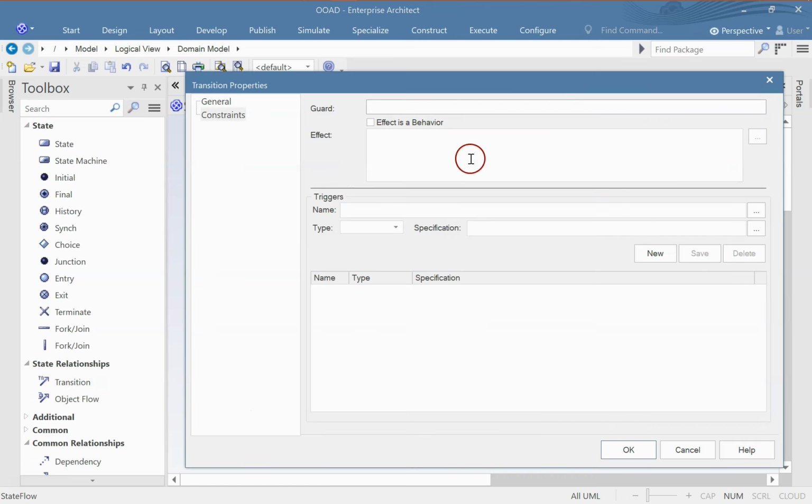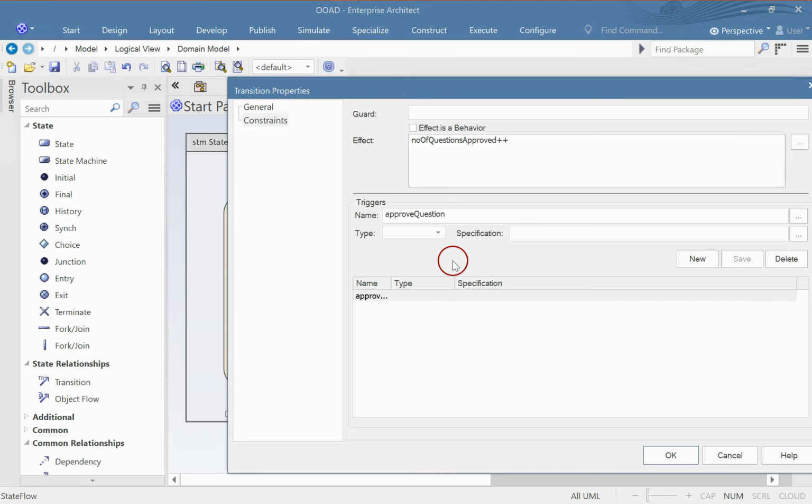If you think about it, somebody will be approving questions at some point in time. Approve question. So when he approves a question, what happens? Number of questions approved plus plus of the subject.